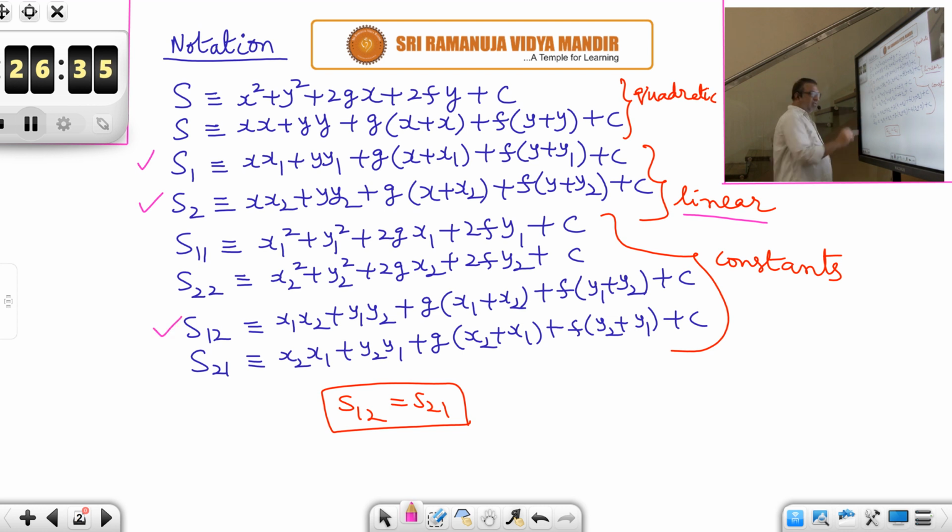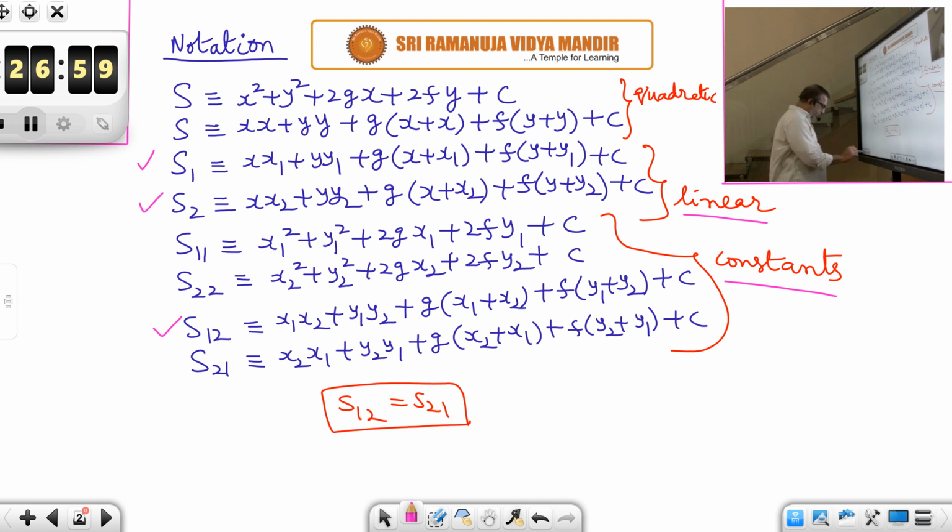S12, what is it? It is a constant. So linear plus linear is equal to constant. A linear expression in x and y plus another linear expression in x and y is equal to constant. Is it not a linear equation? So it is a linear equation. Okay. So you agree that it is a linear equation.